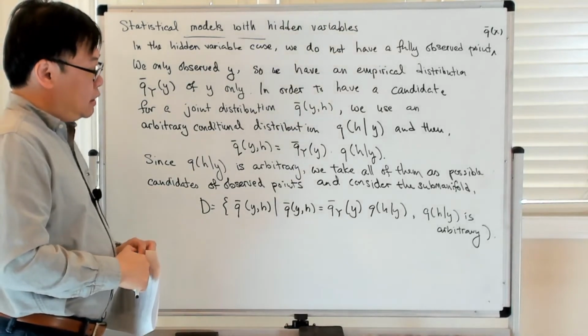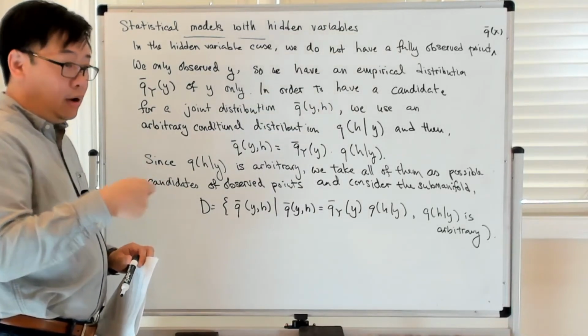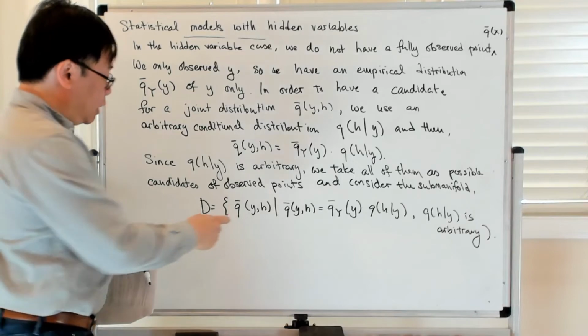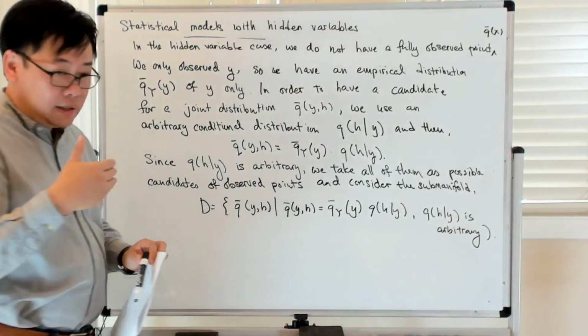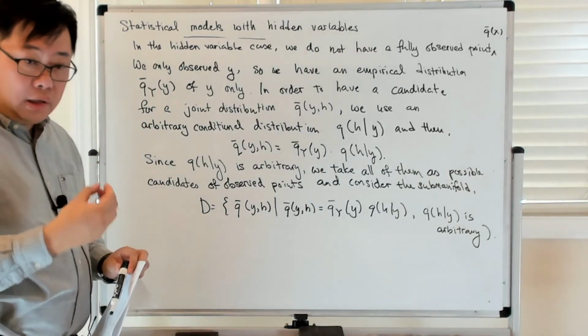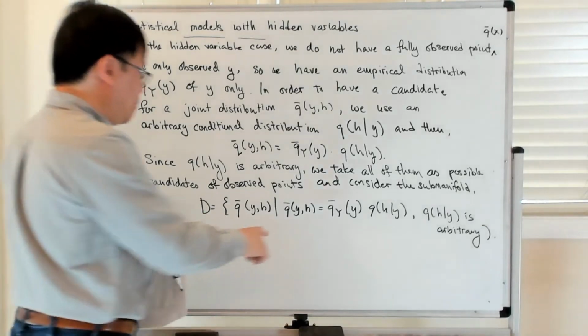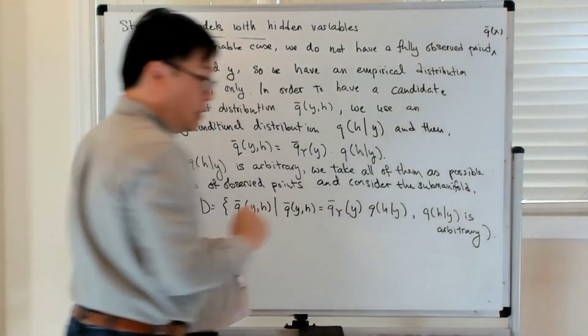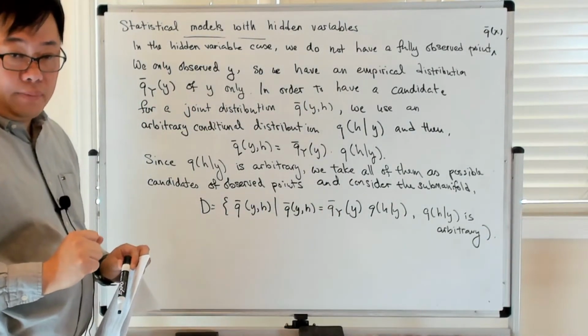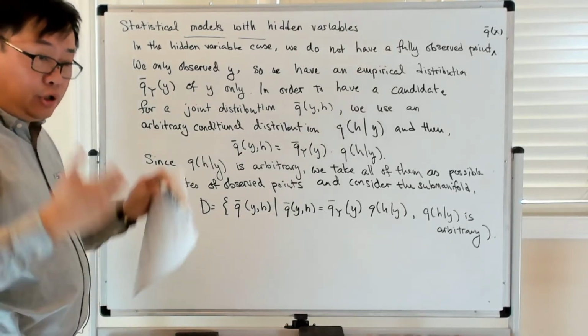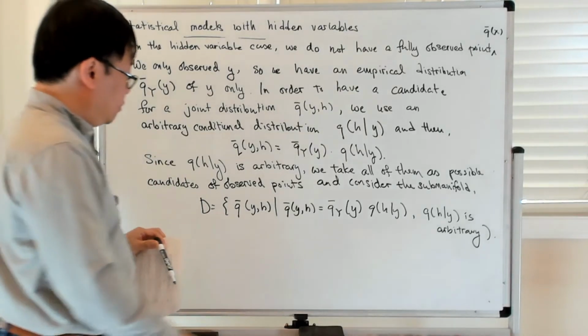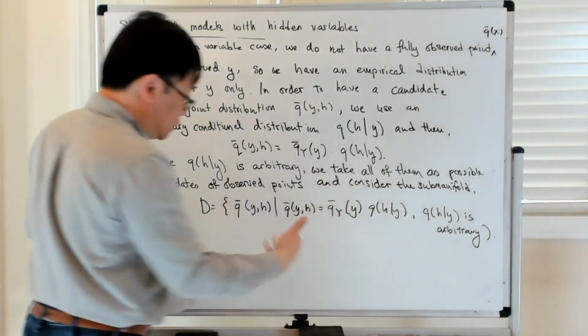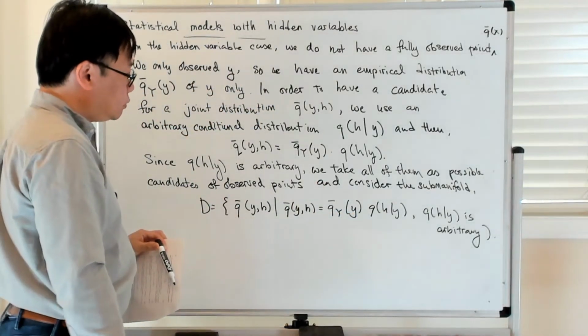So you're looking at all possible joint probability distributions on the entire random variable space, including the hidden variables, which are compatible with that empirical distribution, which is an approximation of the marginal distribution.